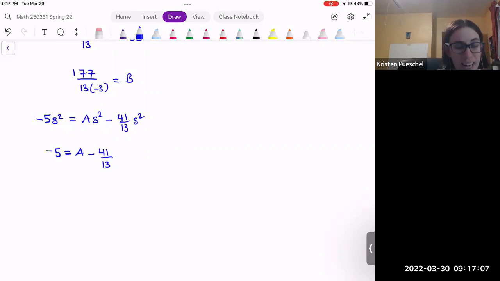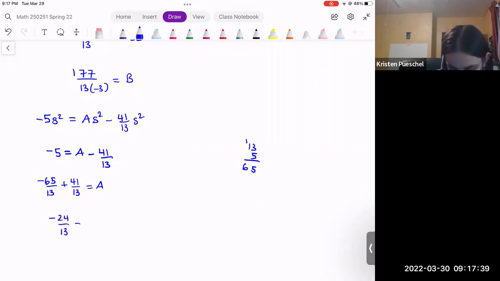We're going to add 41 over 13 to both sides. 13 times 5 gives us common denominators, so we have -65 over 13 plus 41 over 13 is a. Adding these together, we have -24 over 13 is a.